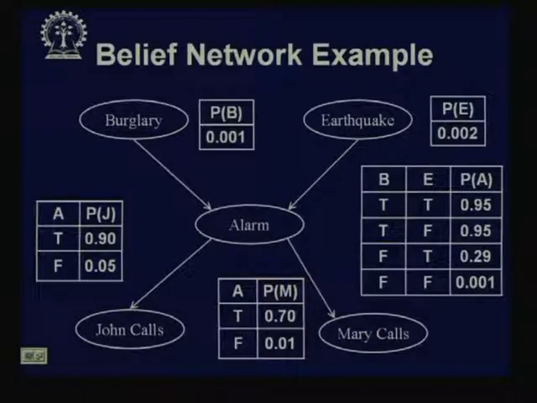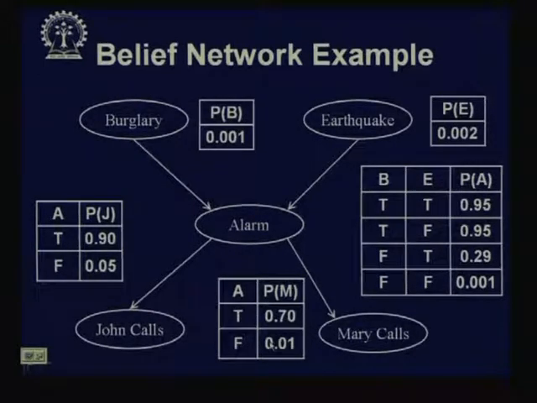In this case, John has called, Mary has called, but burglary and earthquake, none of these things occurred. Now, obviously, John has called, but did he really hear an alarm, or was it a false thing? None of these things occurred.